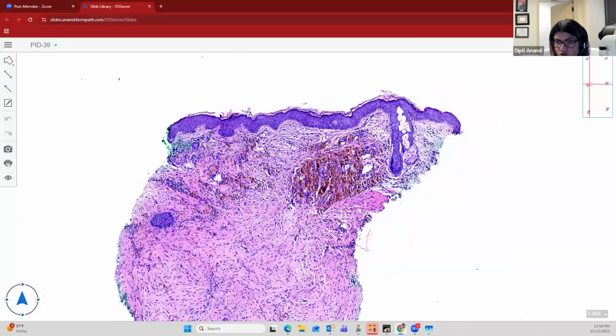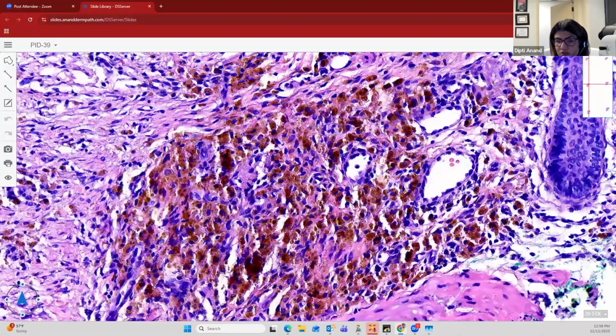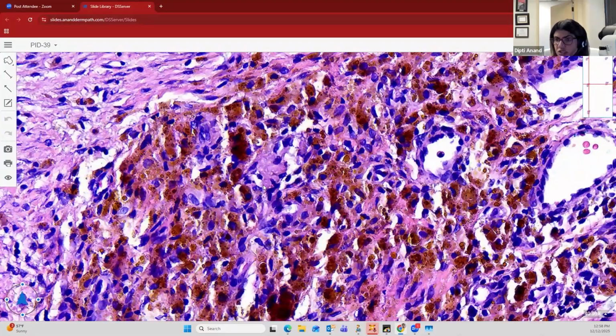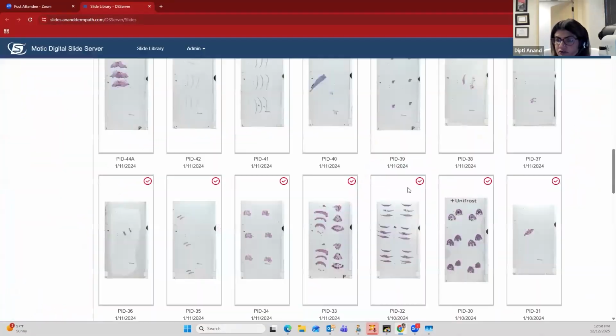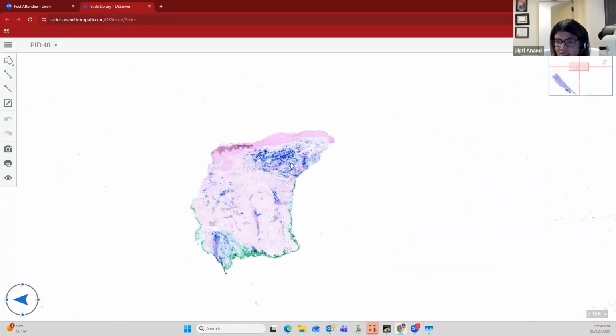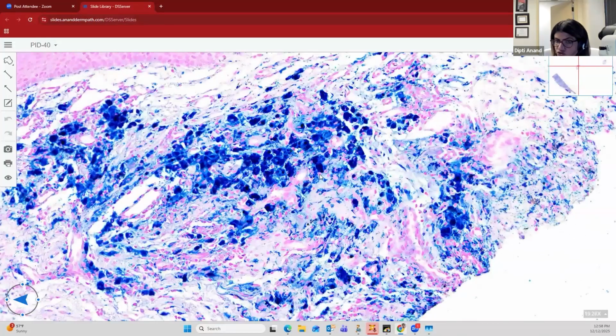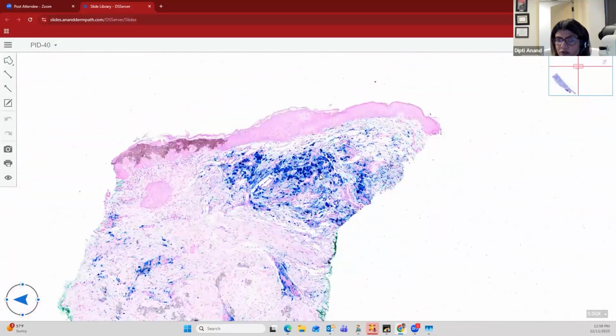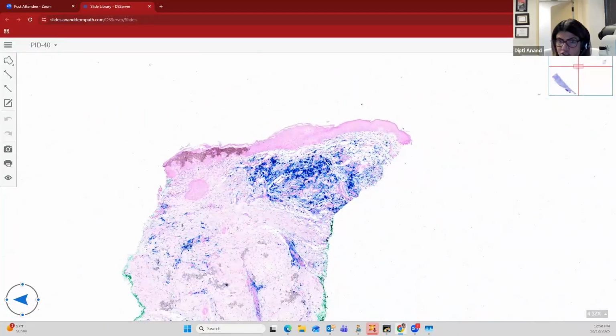You can see here scar tissue with deposition of pigment containing hemosiderin, and you can confirm it using the Perls' iron stain. You can see how nicely it stains all the hemosiderin blue.